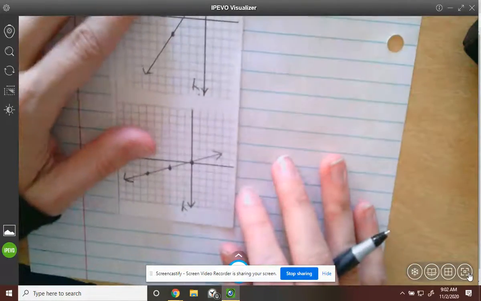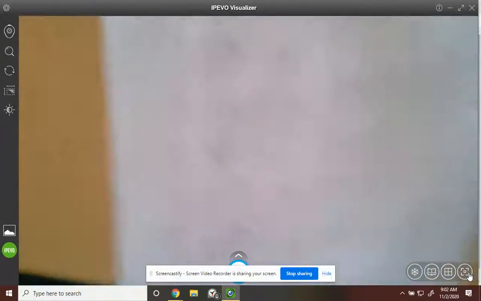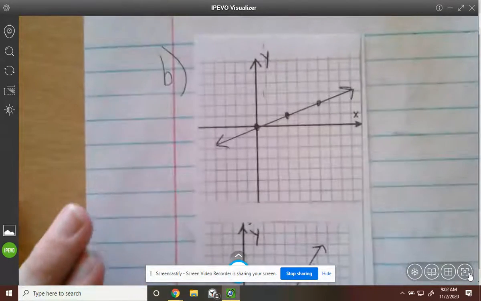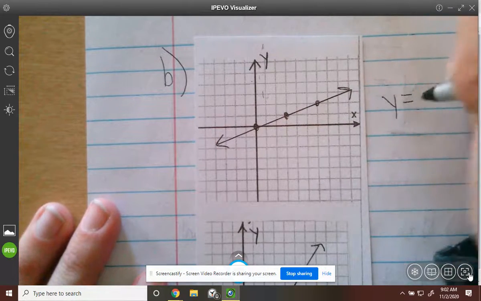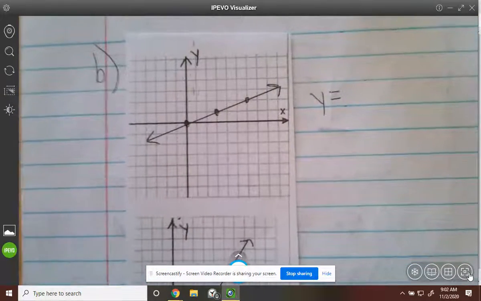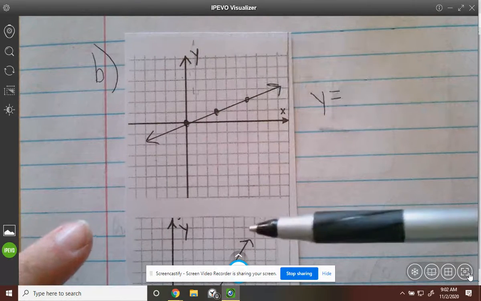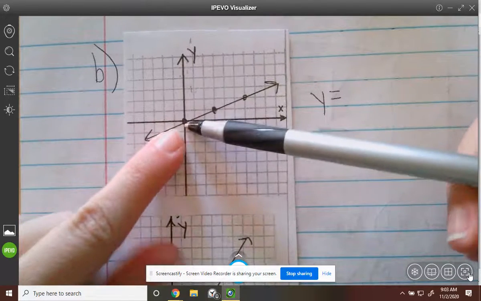Okay. Just going to go ahead and put the next one up. Might help if they're the right side up. Okay. So this is B. We're starting with y equals. Now I find my lowest point, and sometimes on your homework, I don't think there's any points, so you're going to have to put points on there for yourself. I'm going to start here.